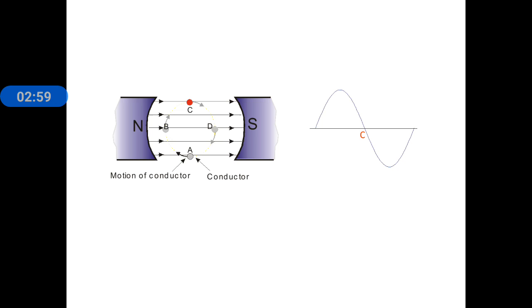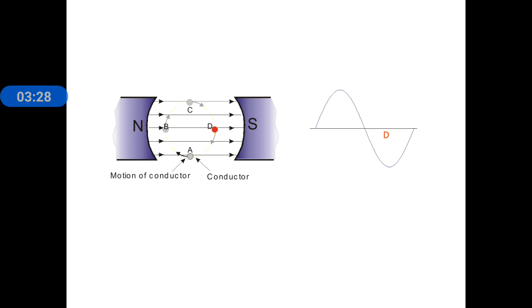induced. Again at position D, the conductor moves under the south pole. From position C to D, the conductor gets increasing magnetic field. At position D, again flux and conductor are perpendicular to each other, so maximum EMF is induced, but compared to position B it is in the opposite direction.